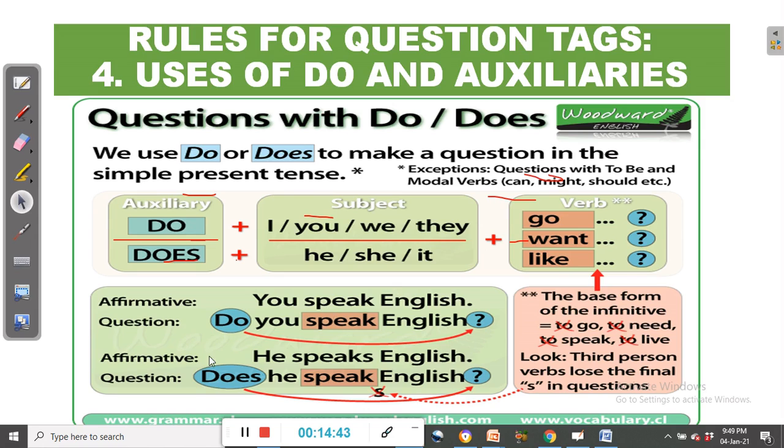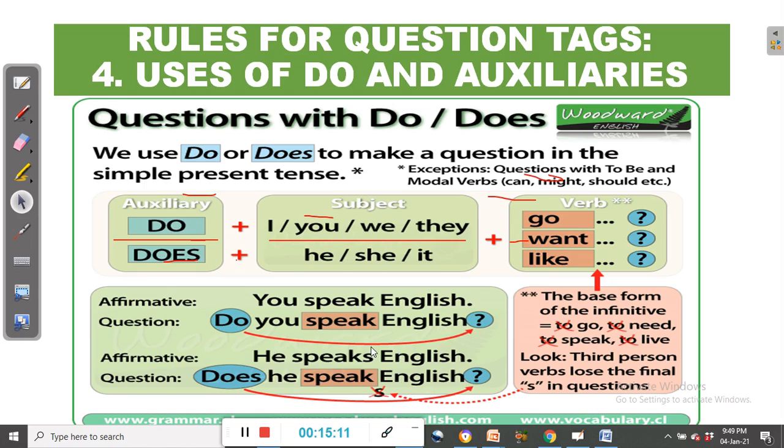All right. Then here again, he speaks English, doesn't he? Now the same form, the same does is what we use if we ask a yes or no question in relation to he. Does he speak English? Does he speak English? This is a yes or no question.